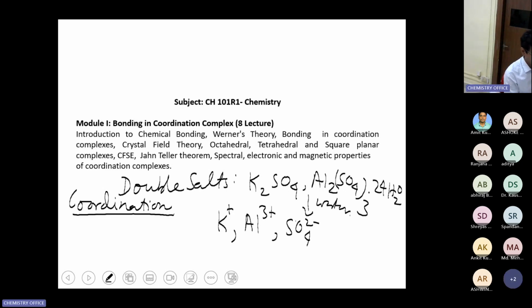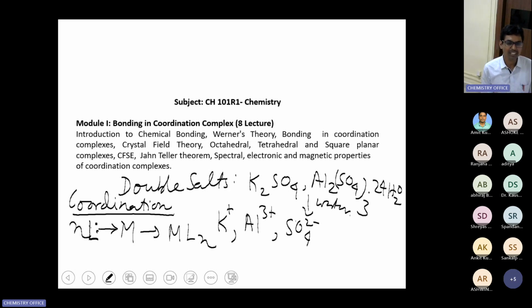In coordination chemistry, the bonds formed are represented by this type of designation, where L stands for ligand, which donates a pair of electrons to metal M. After their formation, they form, suppose, MLn, where n number of L is donated to metal M. Now, when you dissolve this in water or any solvent, they will not produce the component ions, that is M plus or L minus ions; they are not available. Rather, they will give a single component that may be non-ionic also. So this is the basic difference between a double salt and a coordination complex.